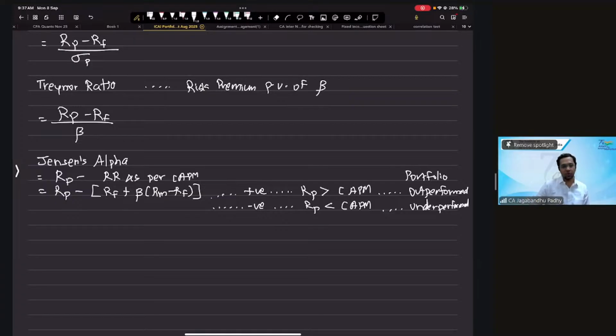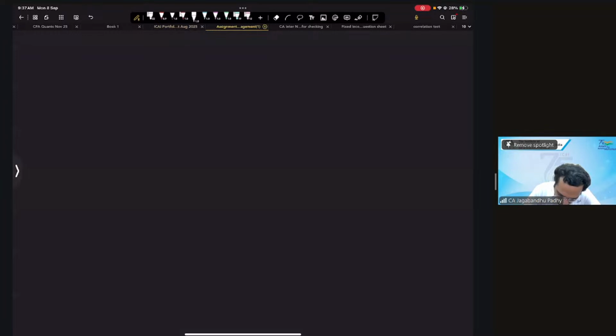And if Jensen's alpha is 0, then can we say return of portfolio is equal to CAPM? Then can I say the portfolio has performed at par? We will say the portfolio has performed at par. Correct, guys?